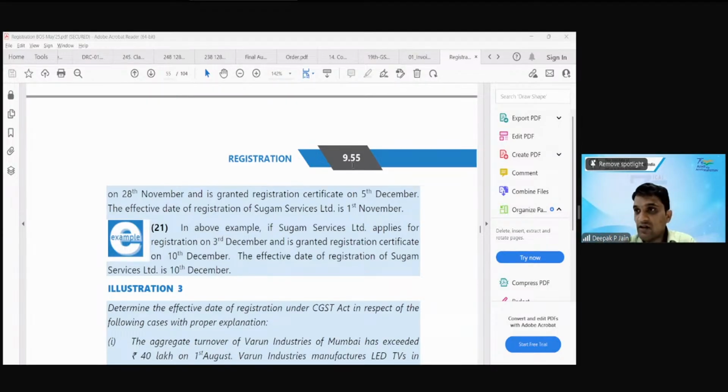So, as on the date of buying, you do not have the registration certificate, so they will categorize you as unregistered.